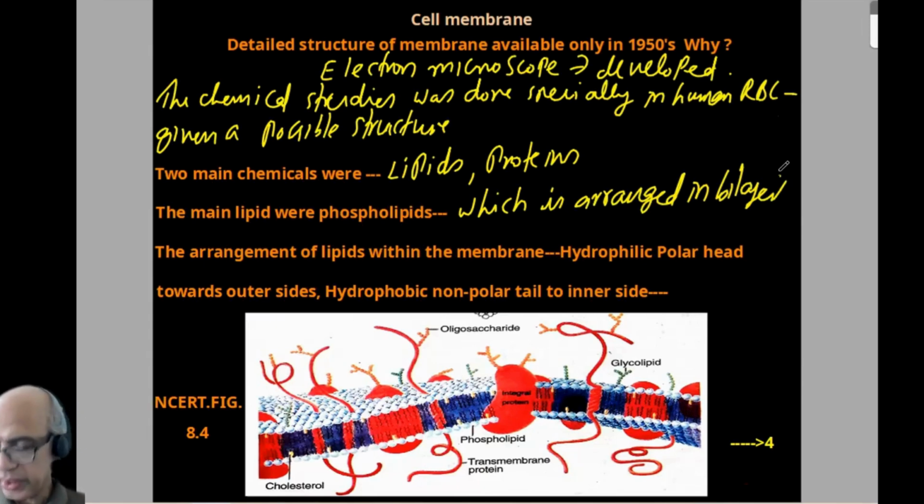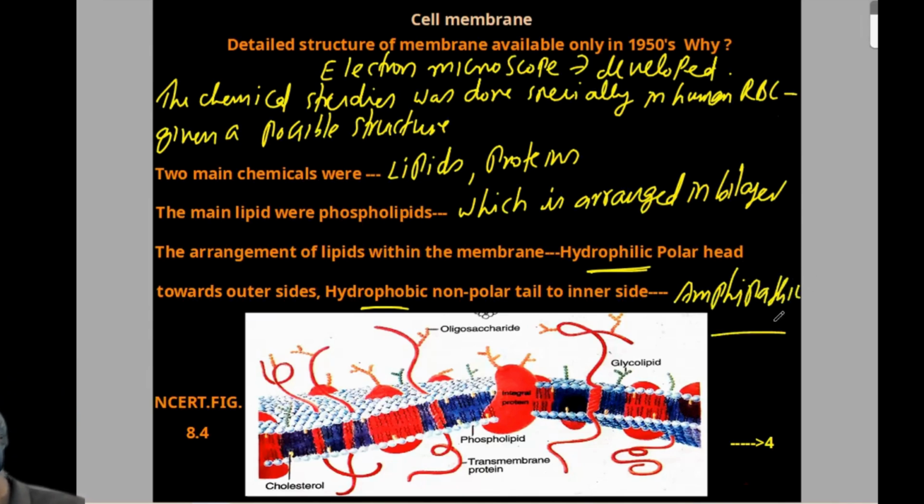That is a special type of arrangement, that is hydrophilic, water-loving, polar heads towards the outer side. Diagram is clear there. Then hydrophobic, water-hating, non-polar tails to the inner side. And this type of arrangement has a famous term. It is called amphipathic. Famous question. Amphi means both. I think the idea is clear. Now we can proceed to the next page.